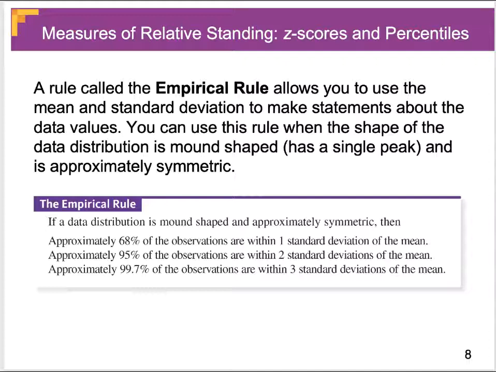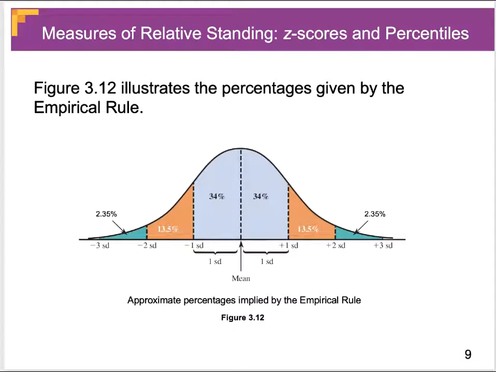Z-scores would be between -2 and 2. And approximately 99.7% of the observations are within 3 standard deviations of the mean, so that would be z-scores between -3 and 3. This only applies when you have a mound-shaped distribution with a single peak that's approximately symmetric.